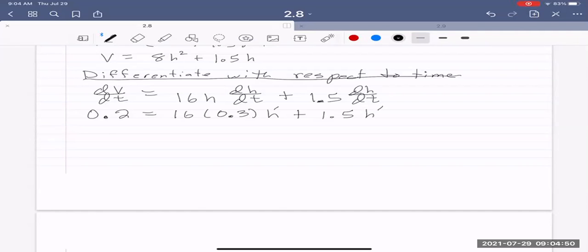So 16 times 0.3 is 4.8, plus 1.5, that's 6.3.